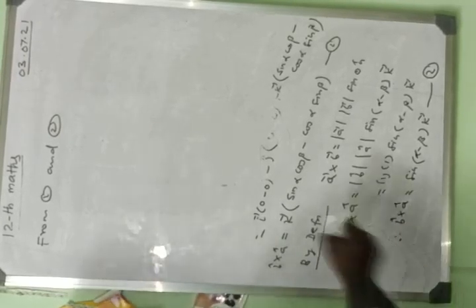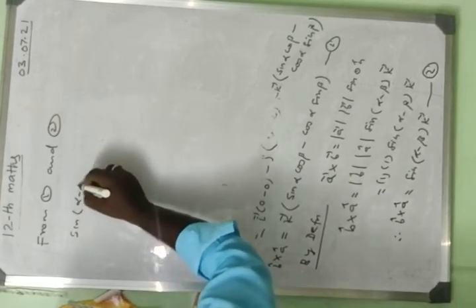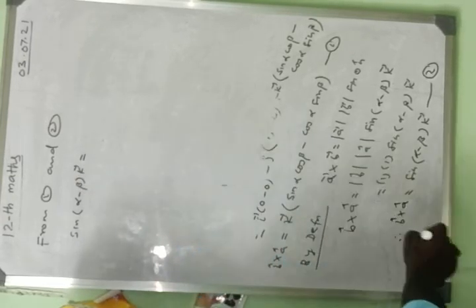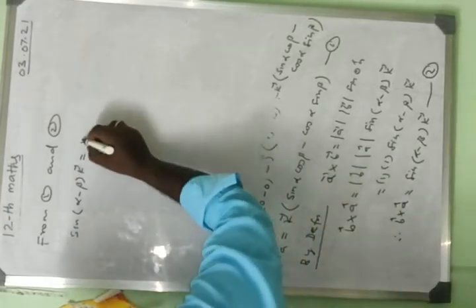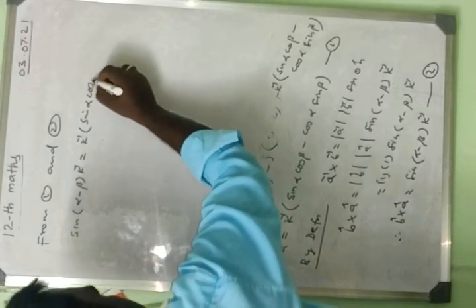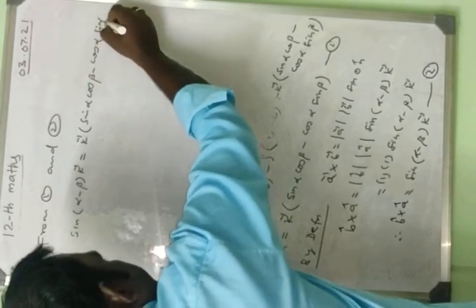Now put the second equation value: sin alpha minus beta vector k equals vector k into sin alpha cos beta minus cos alpha sin beta.